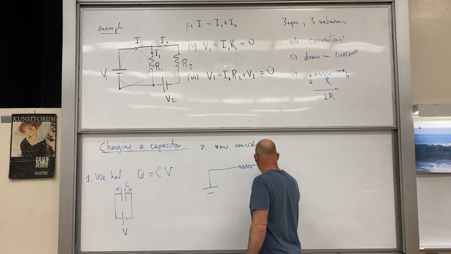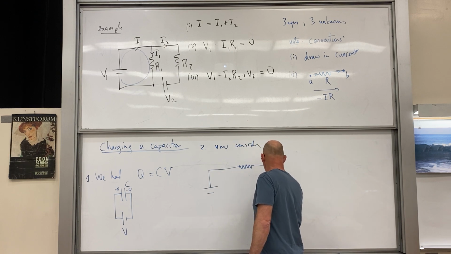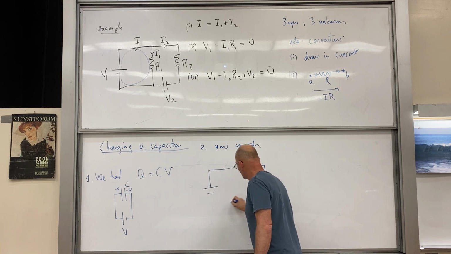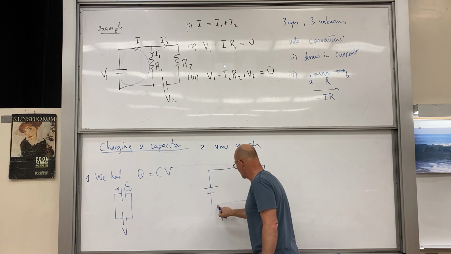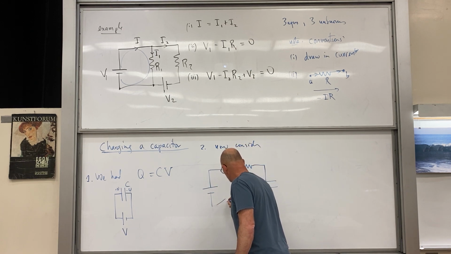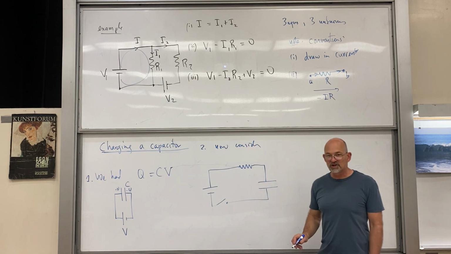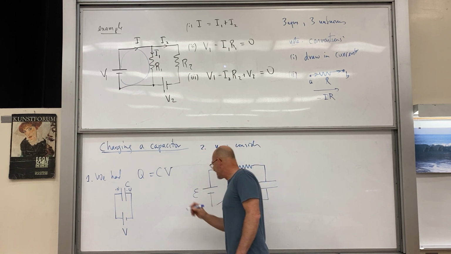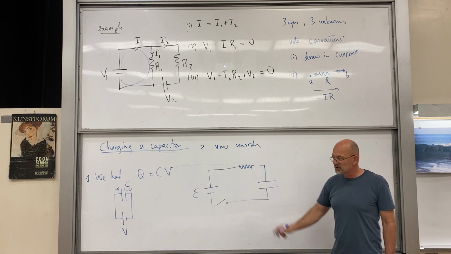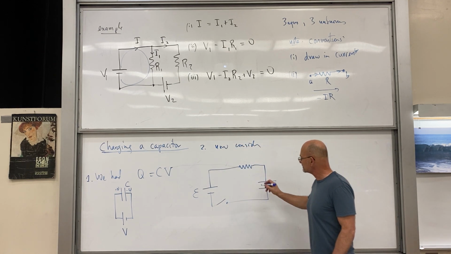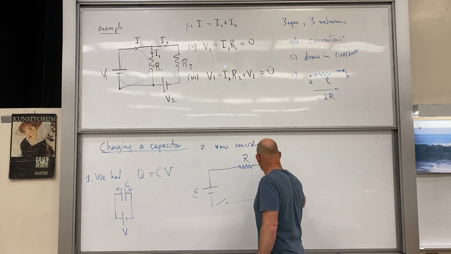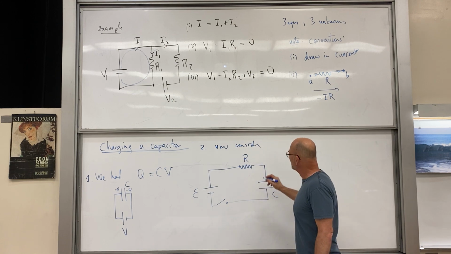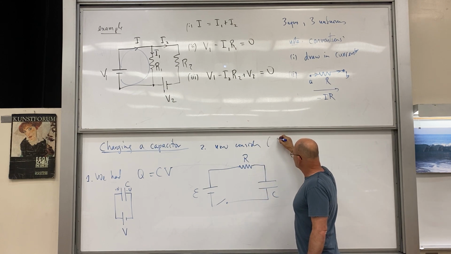So there's a resistor, here's a capacitor, and here is a switch. As soon as we close the switch, a current's going to flow. We're going to go ahead and label this not V, but E, but yes, that's the voltage. RC. So this is called an RC circuit.